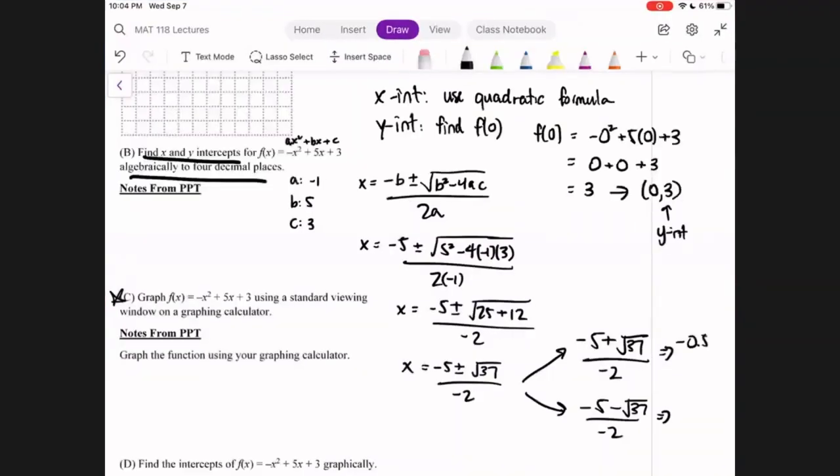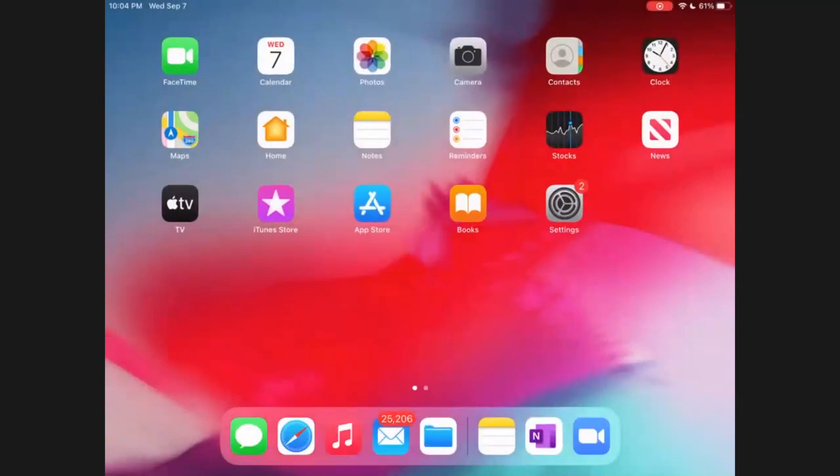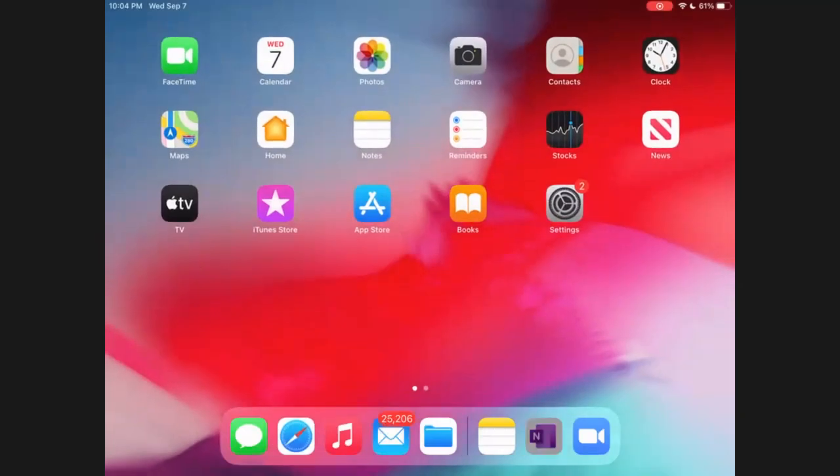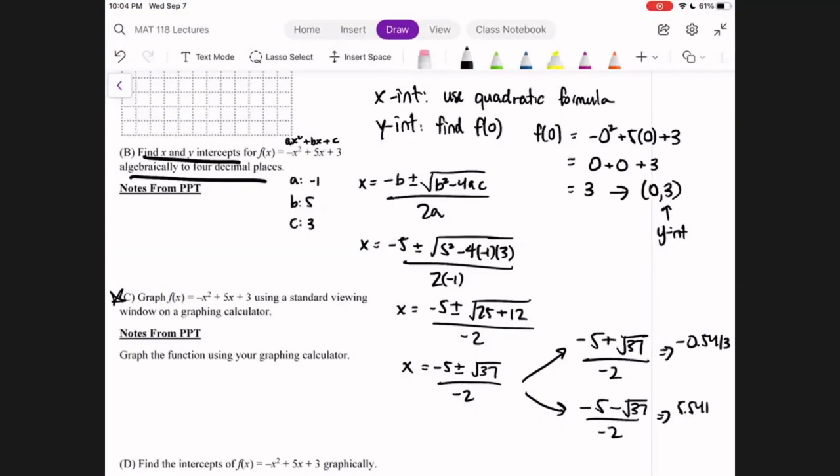Negative 0.541, 5.541. I think that had a negative. Let me check, and it does not. The other one, 3. So you're aware this would be the exact, and this is an approximation.